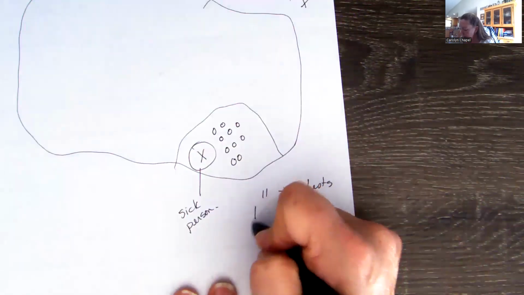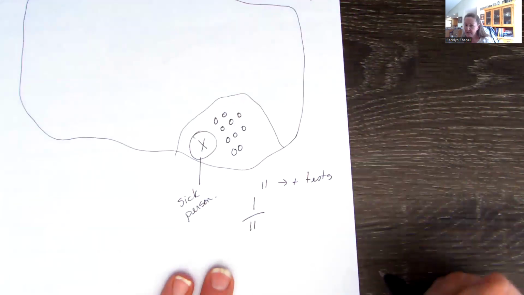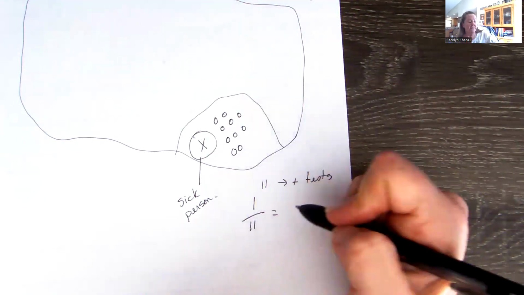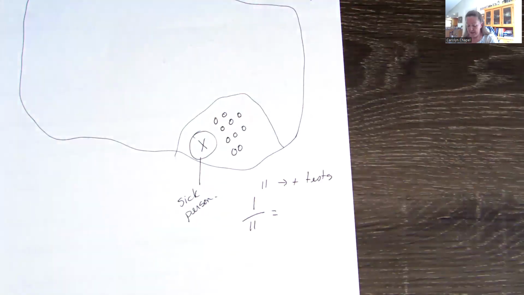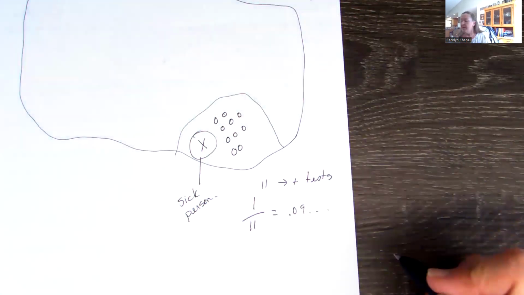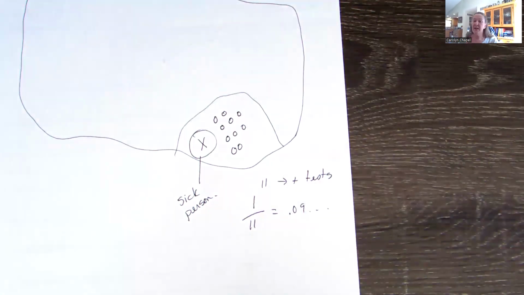And only 1 out of those 11 is in fact sick. Well, that 1 out of 11, if I do my math, is 0.09. So that's telling us, even if we have a positive test in this case, that we might still not be sick.